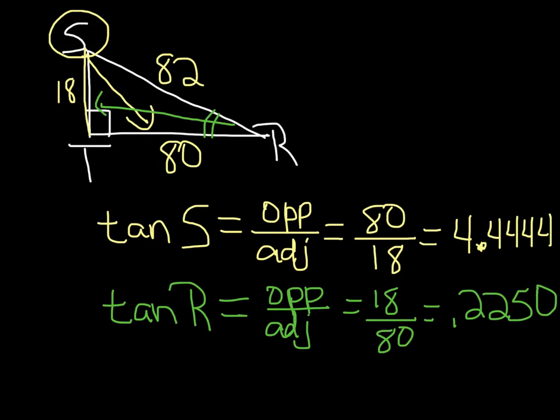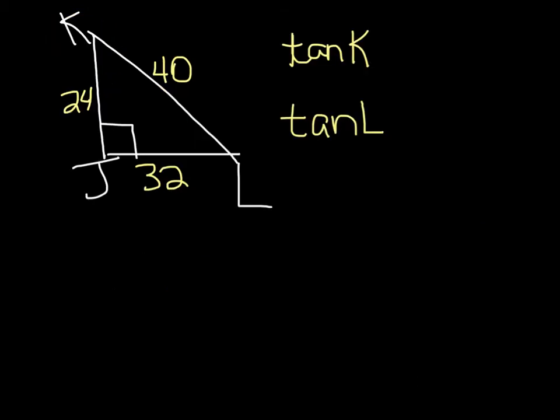So on the quiz, I'm going to ask you, what trig function did we learn today? And you're going to tell me that it's tangent. And then I'm going to ask you, what is the ratio for the tangent function? And you're going to tell me that it is the opposite over adjacent. Let's look at this example. We have a right triangle, JKL.